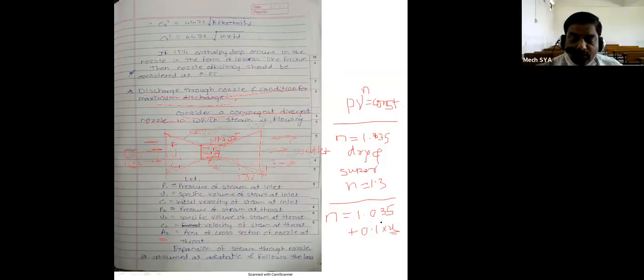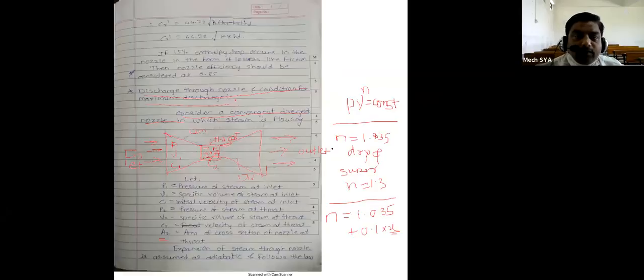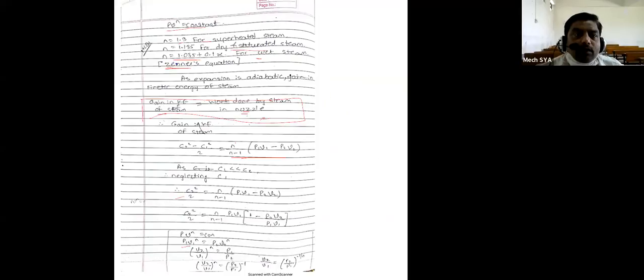With the help of these n values, we calculate the values. So n is equal to 1.3 for superheated steam, n is equal to 1.135 for dry and saturated steam, and n is equal to 1.035 plus 0.1 into x for wet steam.